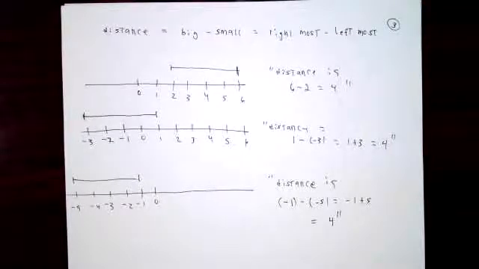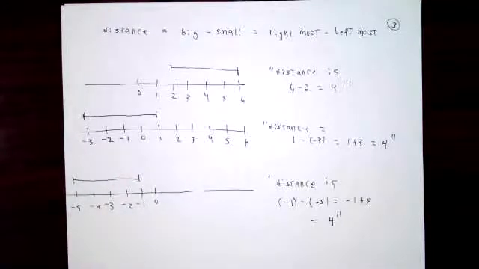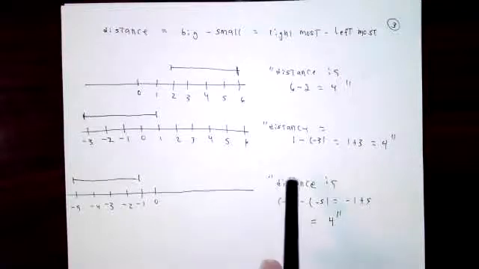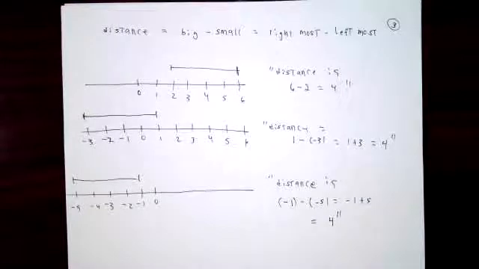This is true even if one or the other of the numbers is not positive. If you look at -3 to 1, the bigger number is 1 because it's to the right, and the smaller one is -3. Bigger number minus smaller number comes up 4 again.